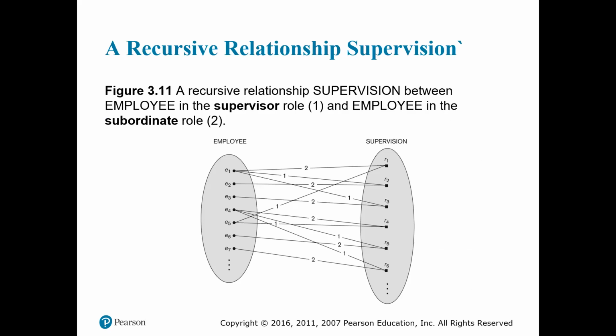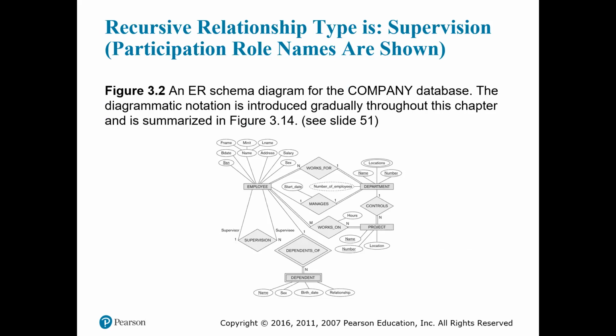So here's the participation diagram. But here's how we model it. This is closer to what I'm used to. So you have an employee, but then we have this relationship, supervisor to supervisee.